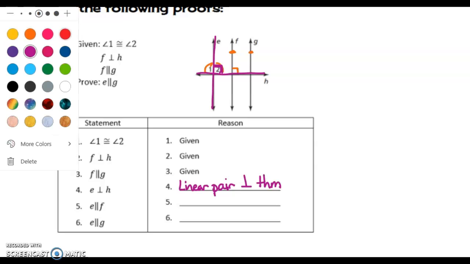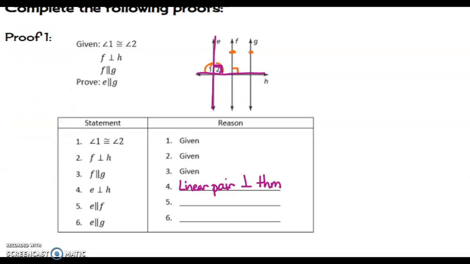All right, so now let's take a look at line 5. It says E is parallel to F. So that's this one right here. Here's E and here's F. Now the reason that they're parallel, picture this. Here's E and here's F, and you know these are right angles.